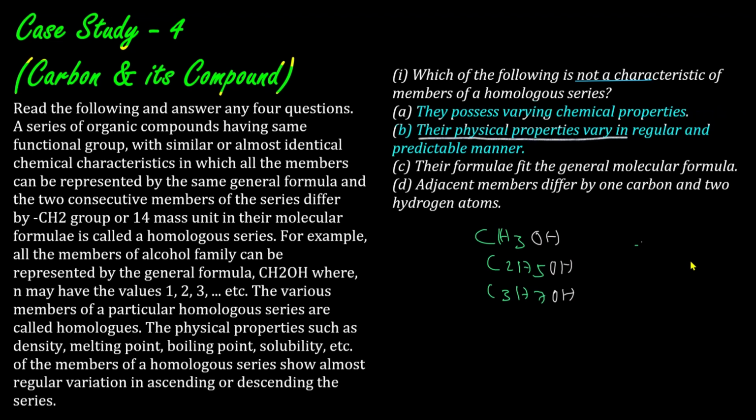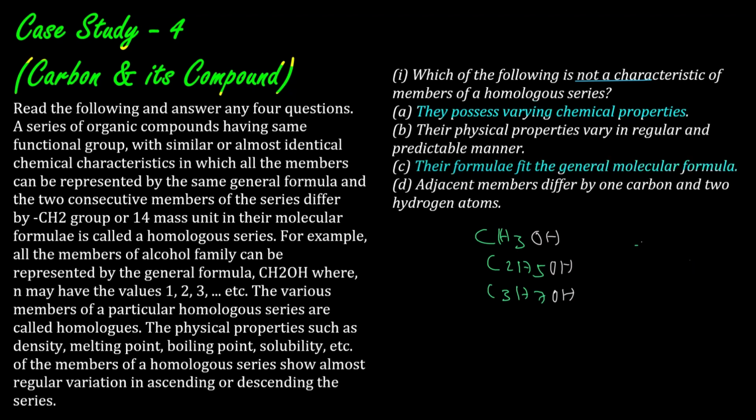Their physical properties vary in a regular, predictable manner. That is true. As we go down in a functional group, its melting point and boiling point increase and its solubility decreases. So it's predictable. We should say that there's a gradation in the physical properties as you go down. So the second one is a correct statement. The third says the formula fits the general molecular formula.